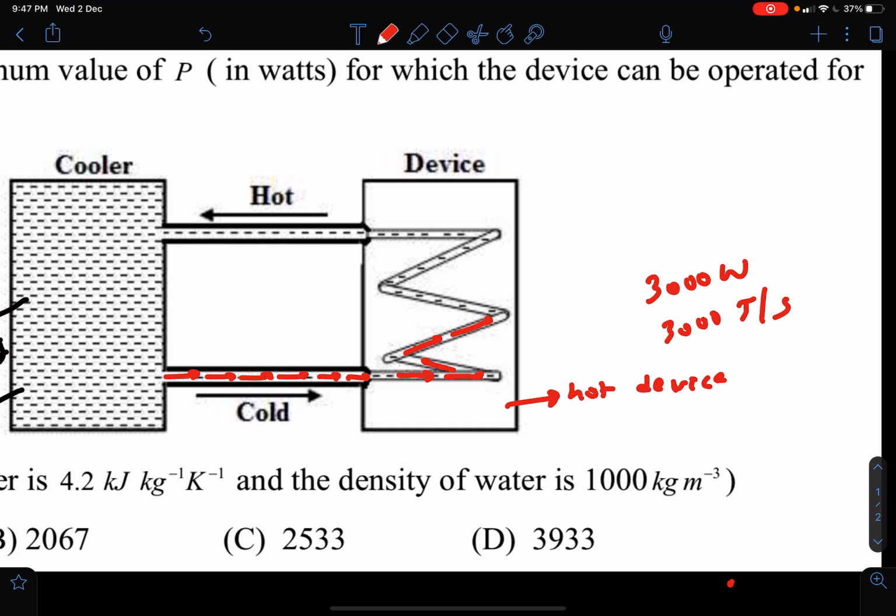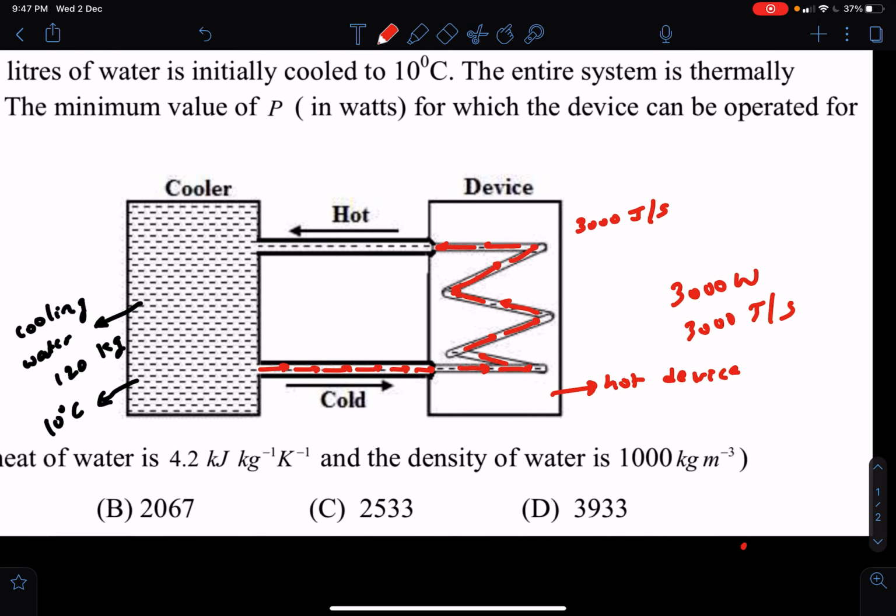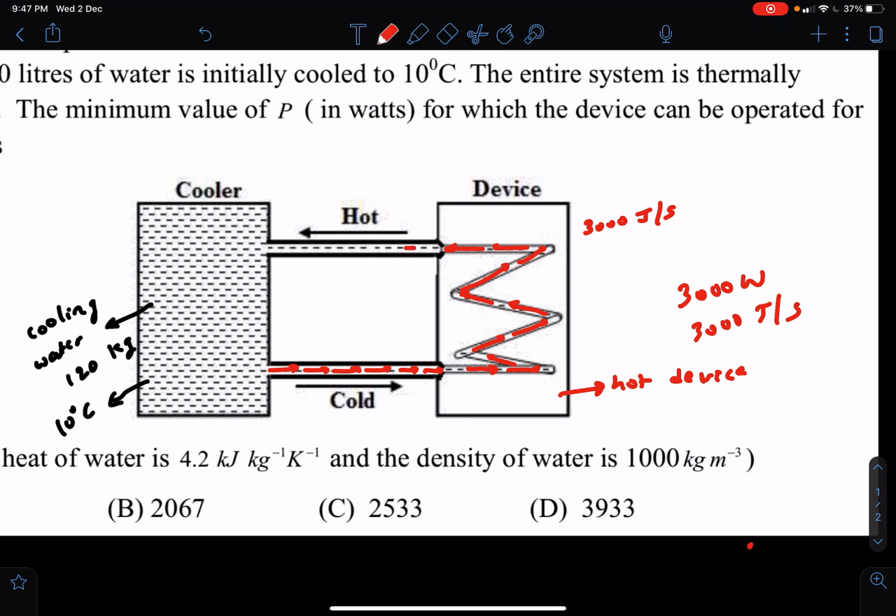So as this cooling water keeps flowing, it keeps on picking up the heat until it is about to come out, and it should take away this 3000 joule of heat from this device. Obviously, when this water picks up 3000 joule of heat per second, it will become hot.